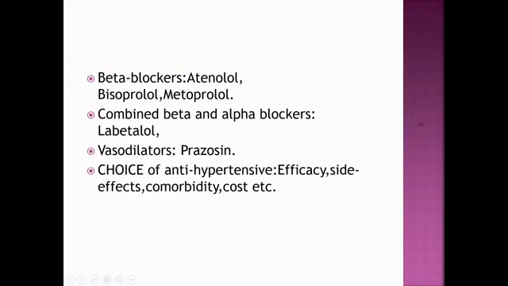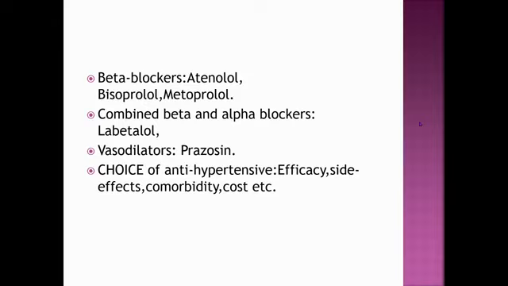Beta blockers: atenolol, bisoprolol, metoprolol. Beta blockers also have an antiarrhythmic effect. They are very good, potent antihypertensives and their price is reasonable, but there are some things you have to do before prescribing them.